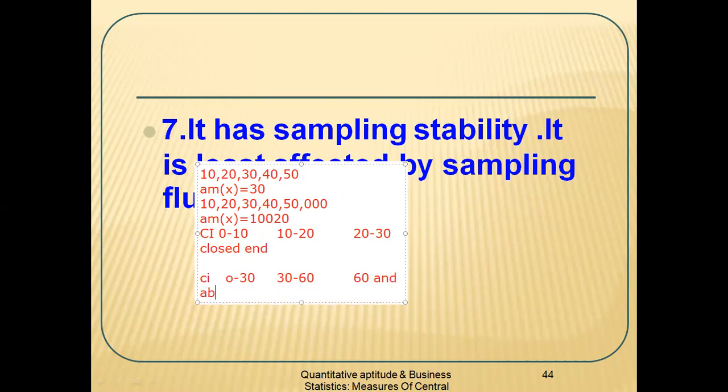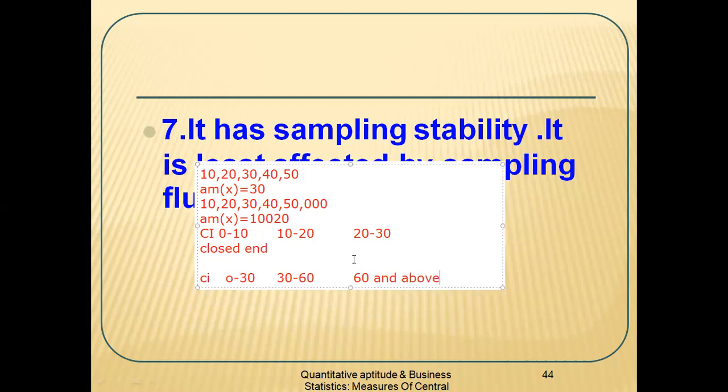In this case, upper limit and lower limit are given in the first class. Similarly, upper limit and lower limit are given in the second class. But in the third class, only the lower limit is given, the upper limit is not given. Therefore, it is considered an open-end class interval.